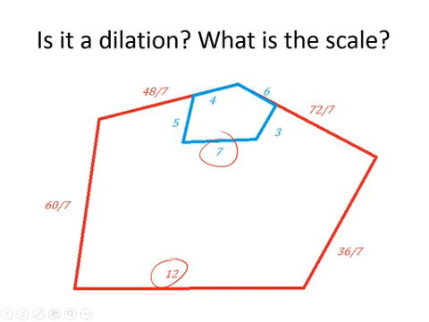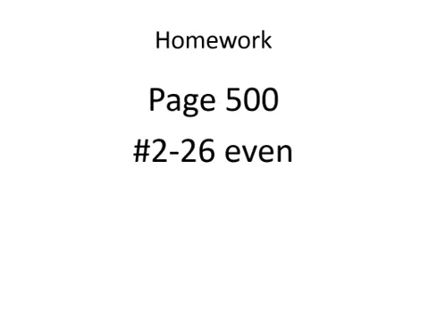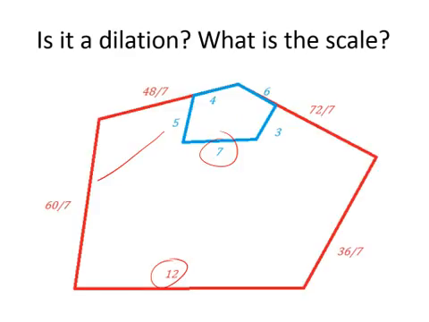Then 60 over 7, then 48 over 7, then 72 over 7, then 36 over 7, and you'd want to see if it has the same scale. Take a second, identify if it is a dilation, and if it is, what is the scale of this image?